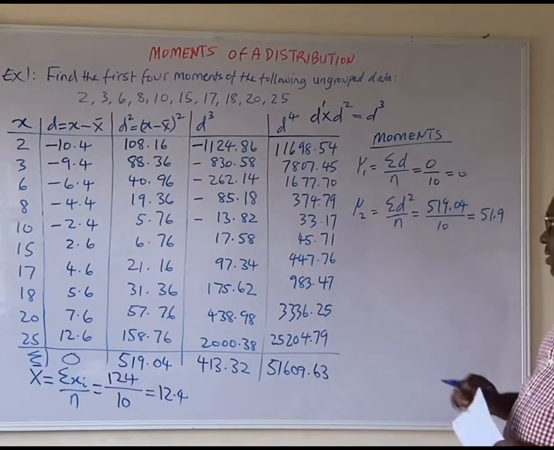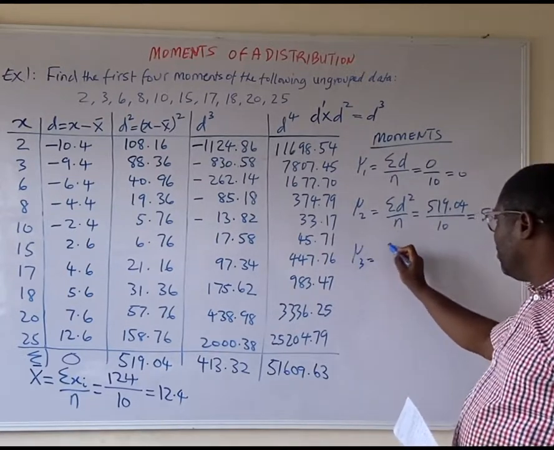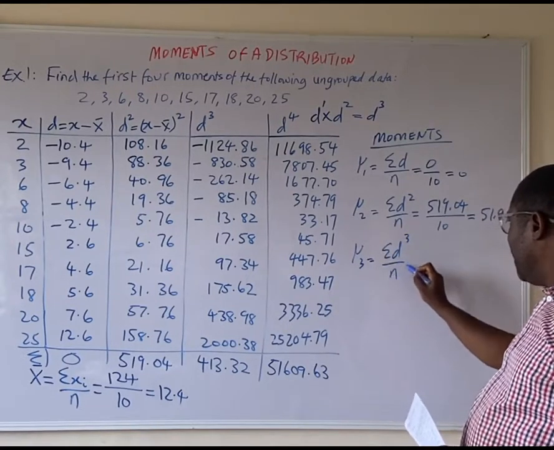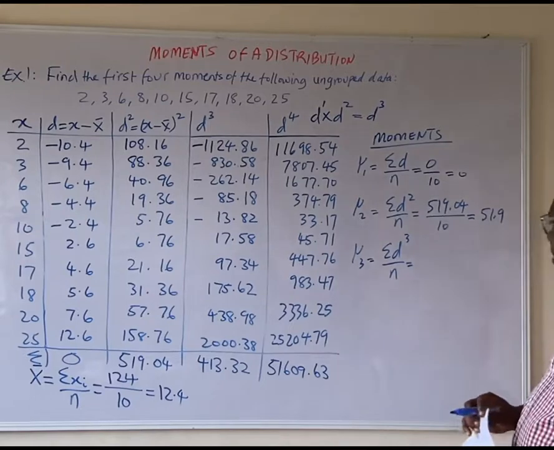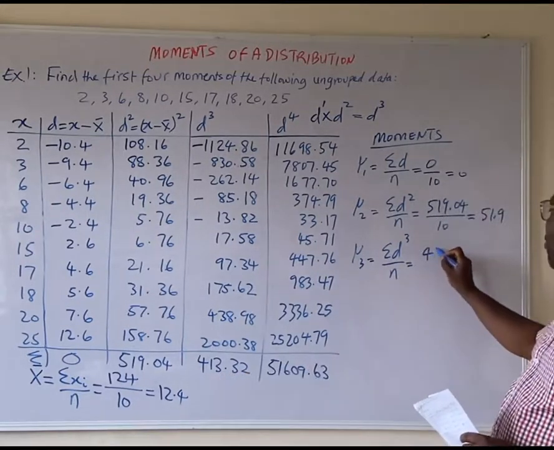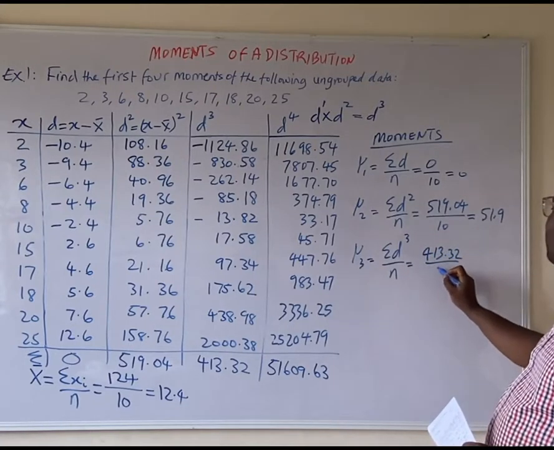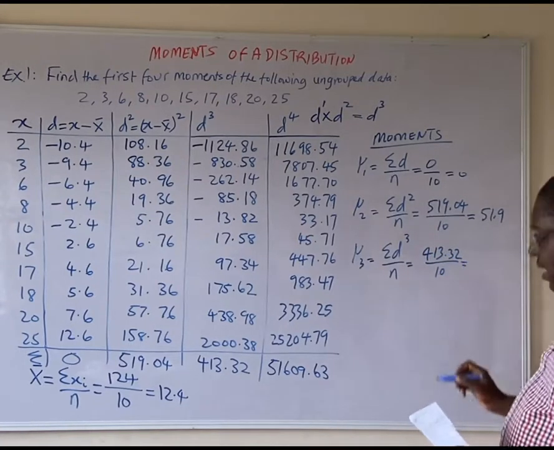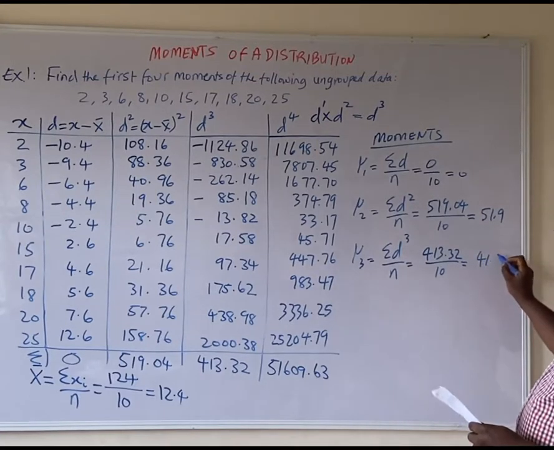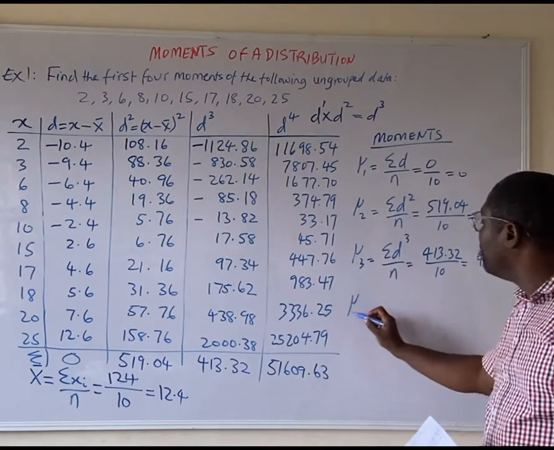That's our variance. Then we have the third moment, which is summation d raised to power 3 all over n, and that will give us 413.32 all over 10, and that's going to give us 41.3.